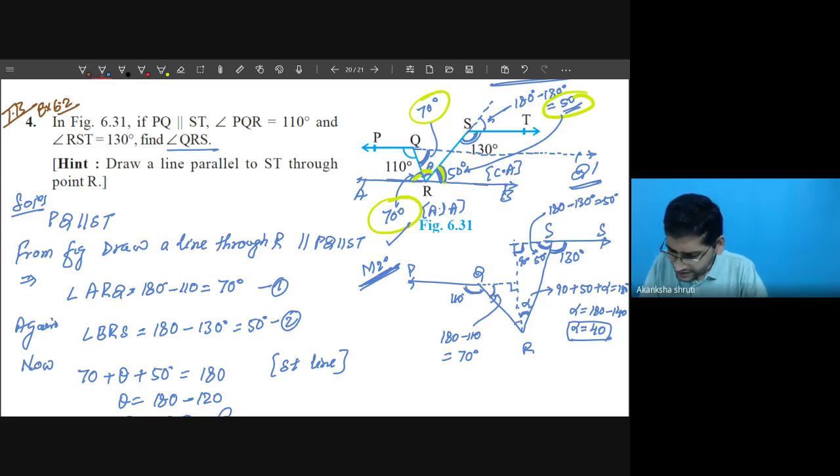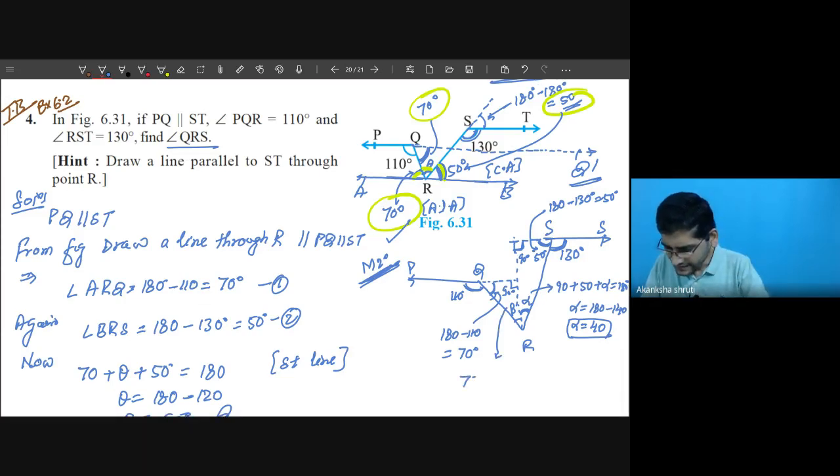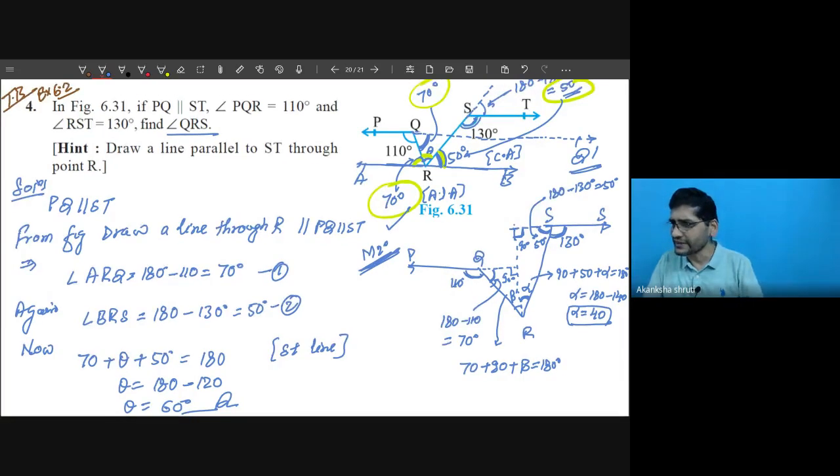Let us call this angle beta, or you may denote it by delta, any alphabet. This is already 90 degrees. So in this triangle, we can write that 70 plus 90 plus beta is equal to 180 degrees.